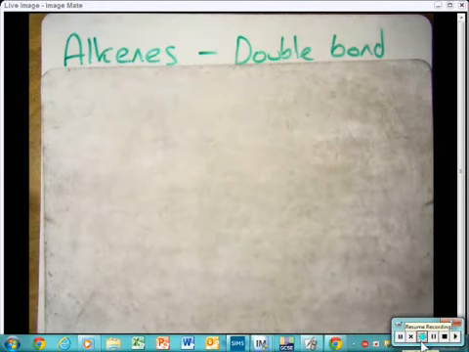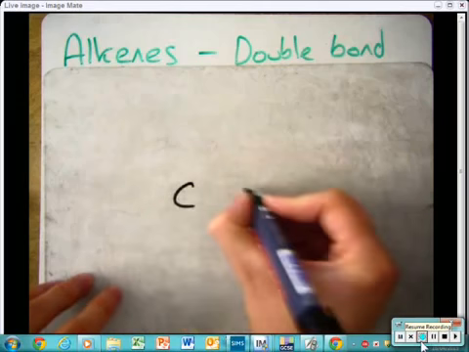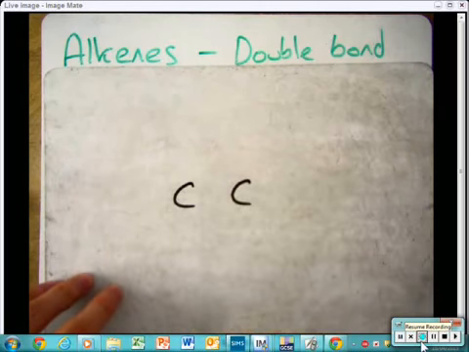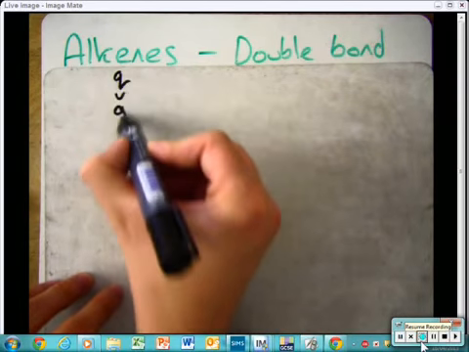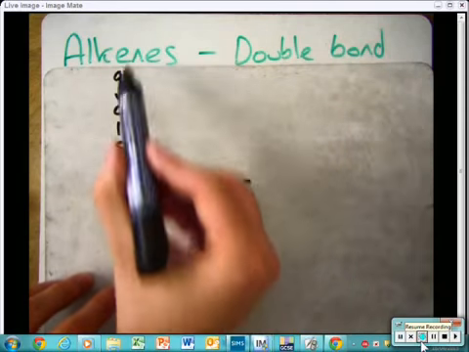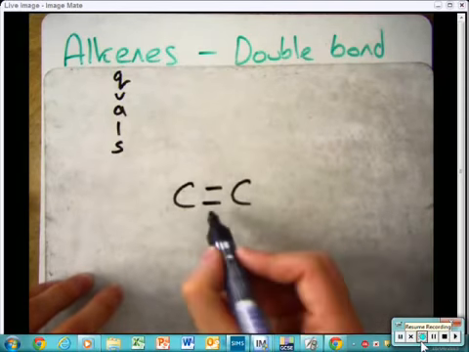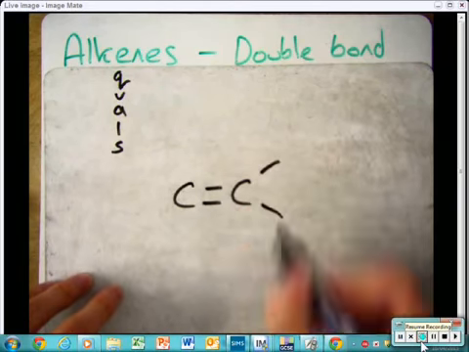The difference between an alkane and an alkene is that an alkene has a double bond. So if they give you 2 carbons and ask you to draw that, start by putting them in the middle, like you did last time, but then put a double bond in, an equal sign. And that's what this E in the middle represents. There's an equals in there. And then do the same thing. This carbon's got 1, 2, add 2 more bonds in.